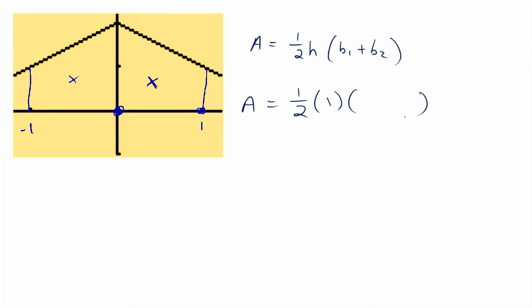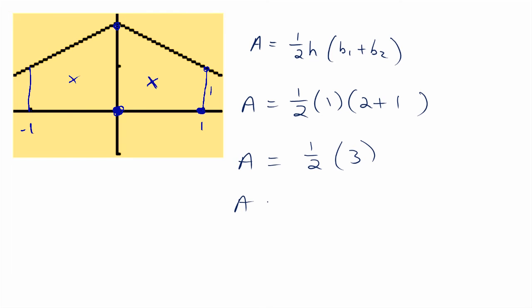And now let's come up with the length of our two bases. The bottom base, meaning the one at x equals 0, is 2 units tall. So that base would be 2 units plus b sub 2, which would be 1 unit tall. So the area of one trapezoid is 1/2 times 1 times 3.